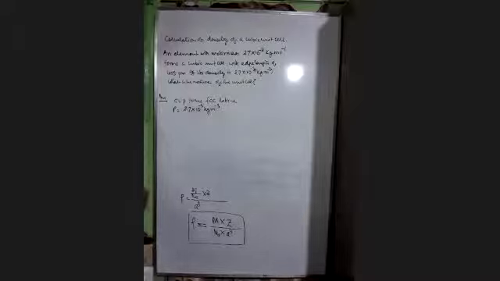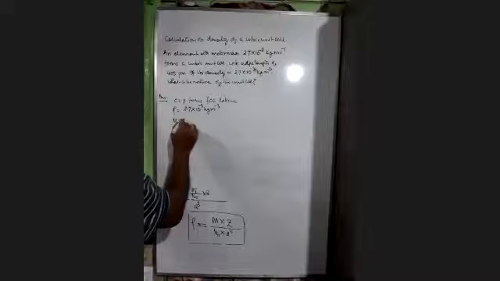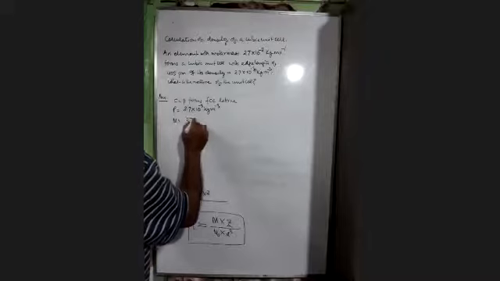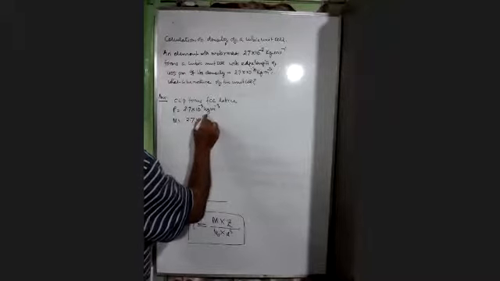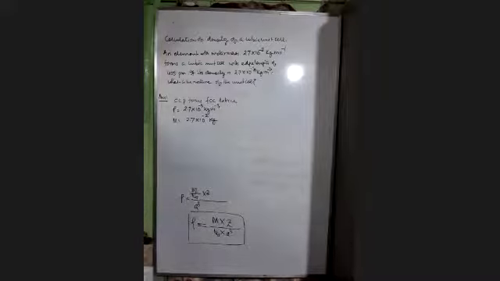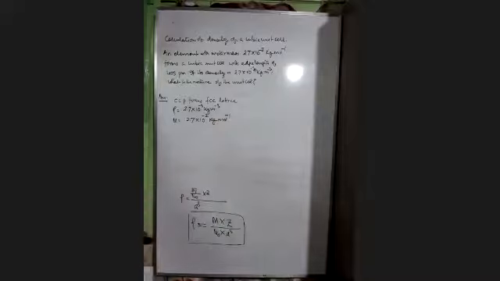Then molar mass M is equal to 2.7 into 10 to the power minus 2 kg mole inverse. Okay.